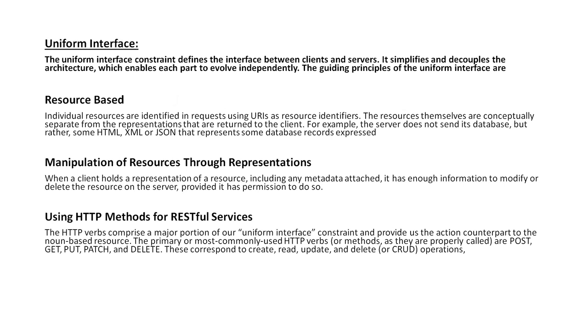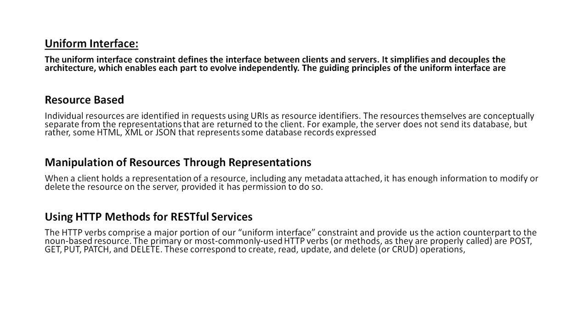Whenever we are manipulating these resources, the client has enough information to manipulate that resource, and we use the HTTP spec, or HTTP methods, to do all the CRUD operations: create, read, update, delete.